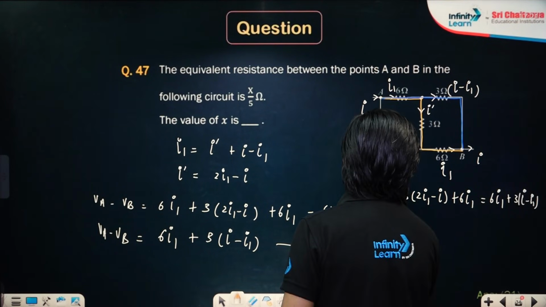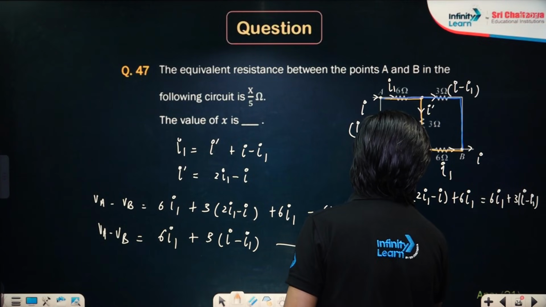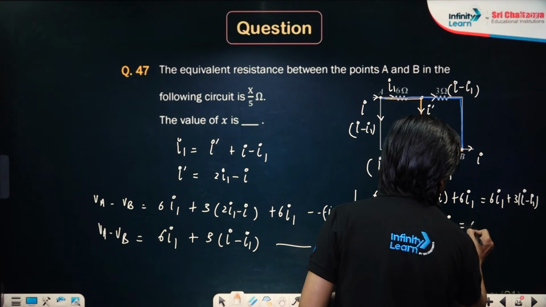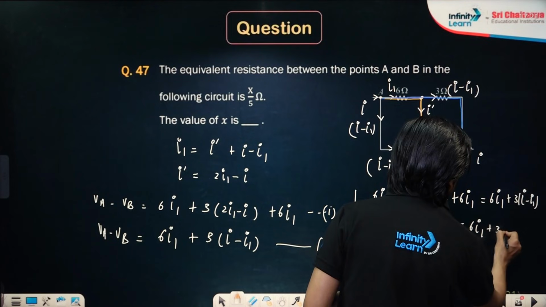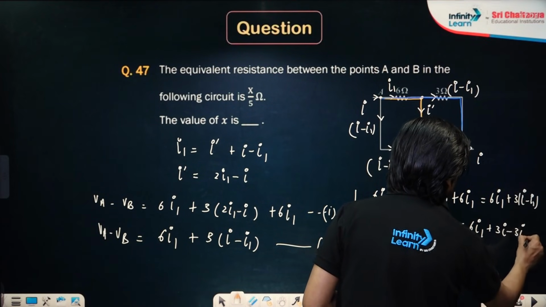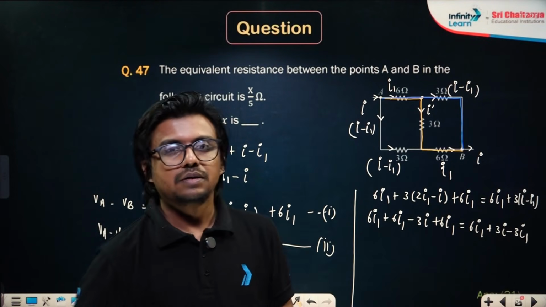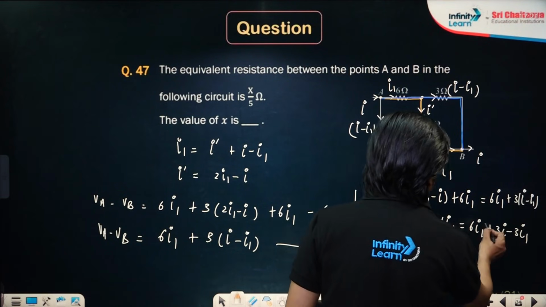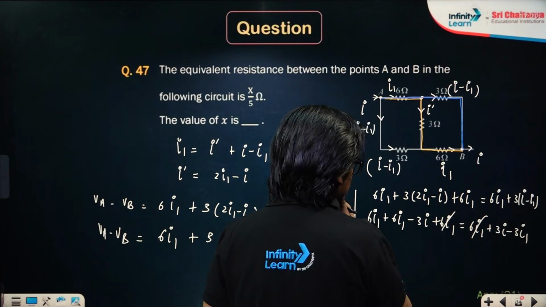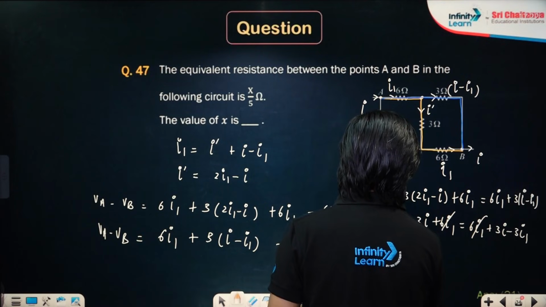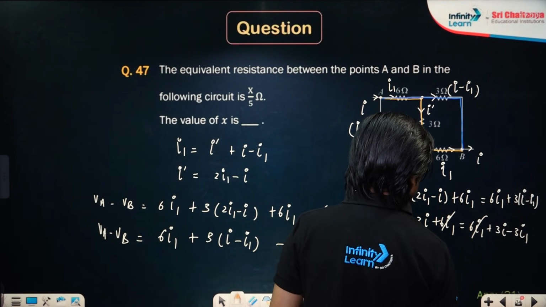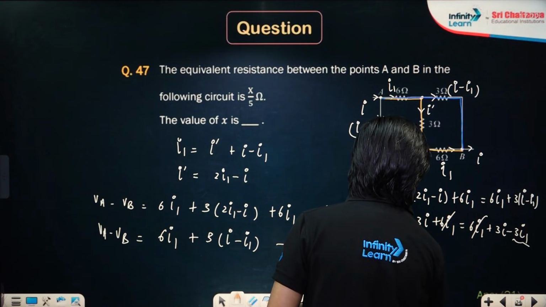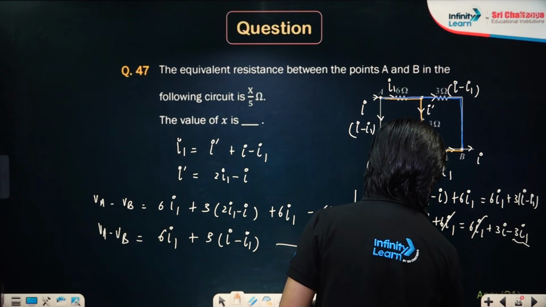So 6I1 plus 6I1 minus 3I plus 6I1 is equal to 6I1 plus 3I minus 3I1. Now 6I1 and 6I1 cancel out. Now you have 6I1, that is 12I1, plus this 3I1, that is 15I1, equal to 6I.